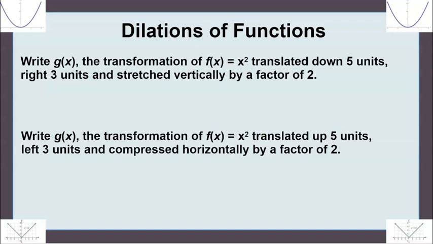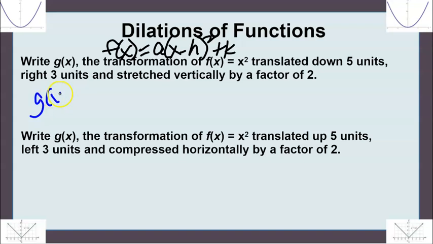So again, I'm going to put the main format for a quadratic. So this would be f of x equals a times parentheses x minus h squared plus k. Now for this one, they're telling us label it g of x. So I'm going to put g of x here equals. Now it says it's a vertical dilation. That means the a is on the outside, and the a is the factor of 2. So I'm going to put 2 on the outside, and I'm going to have x.